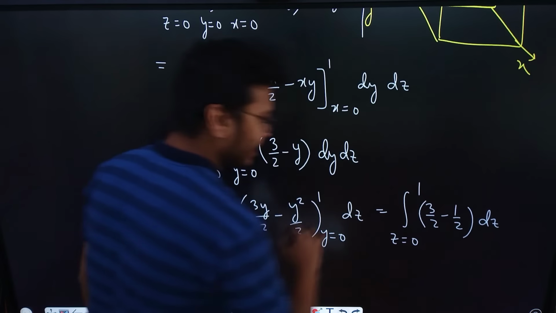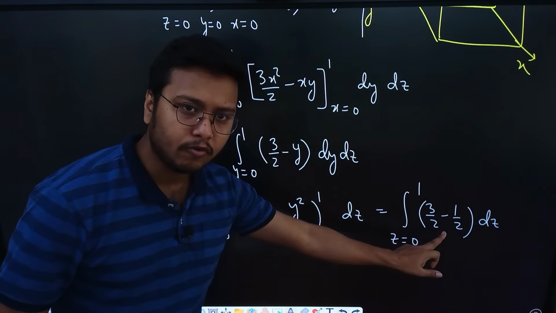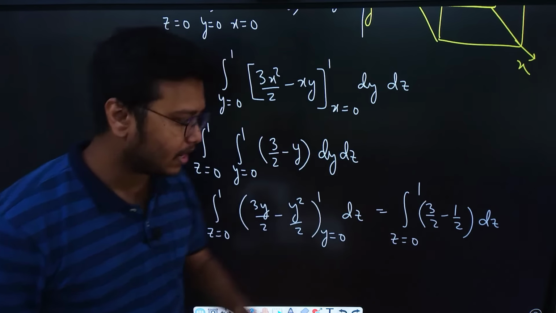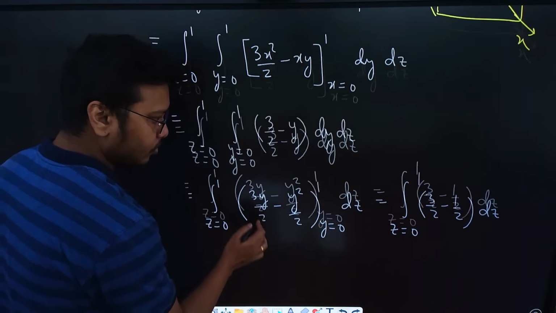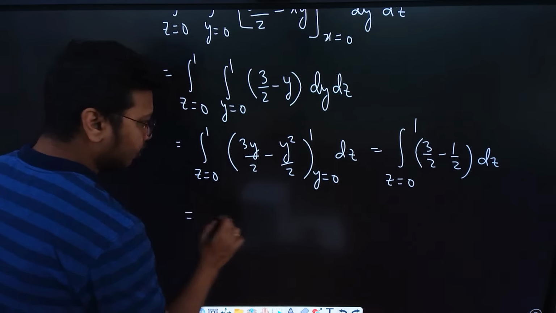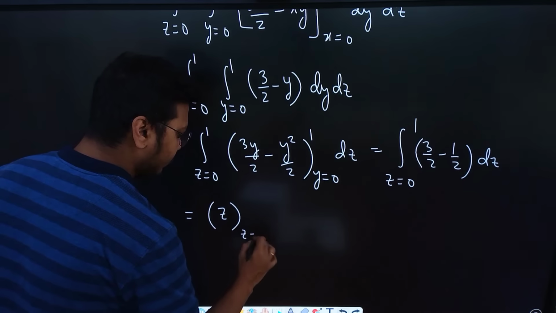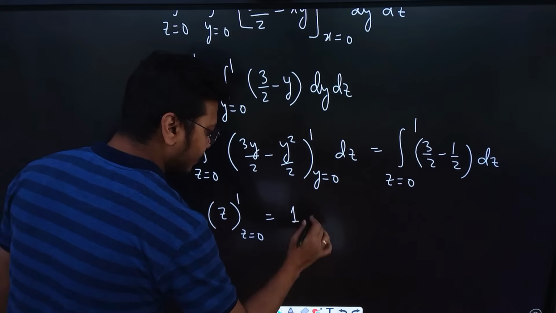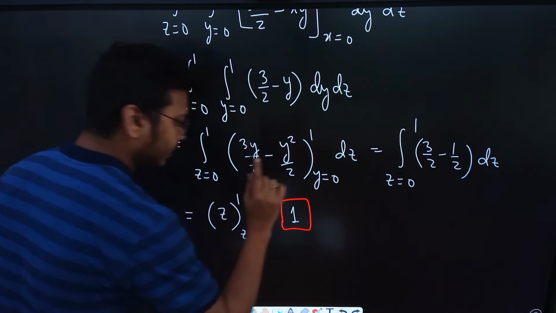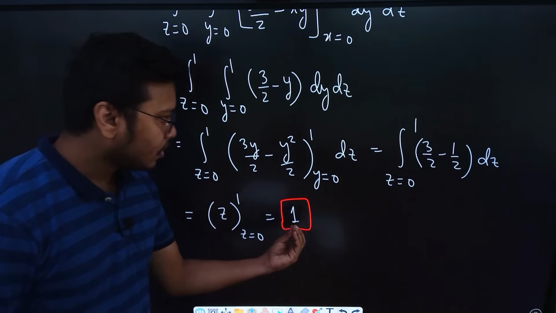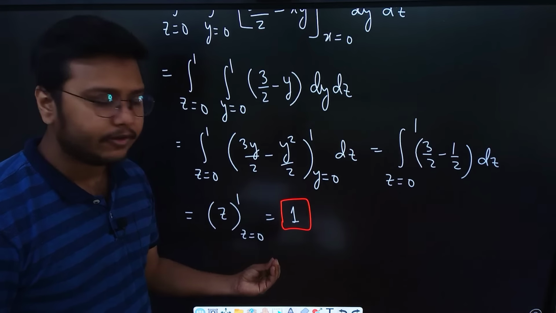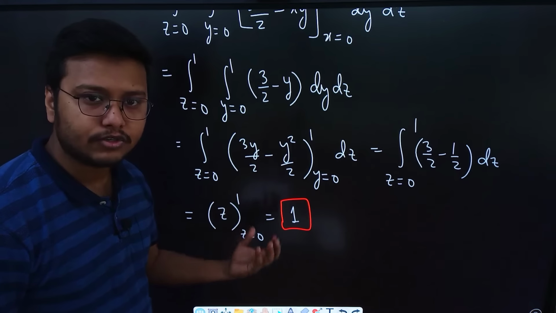So basically I have 3/2 minus half, that's 1, right? So the integration of simply dz is z, where z goes from 0 to 1, and so my final answer is 1.